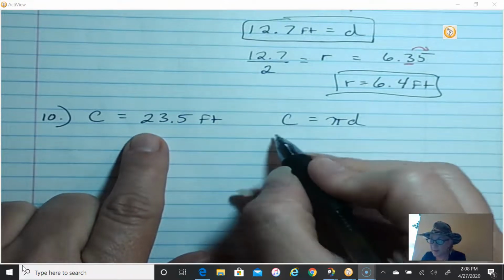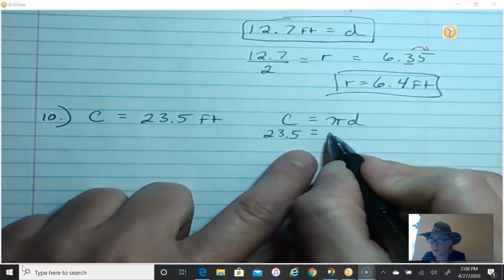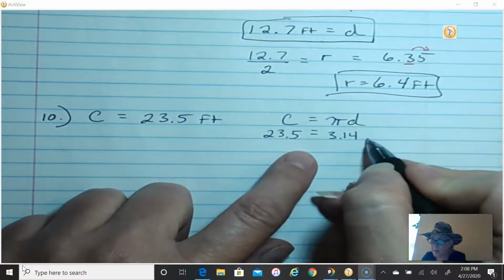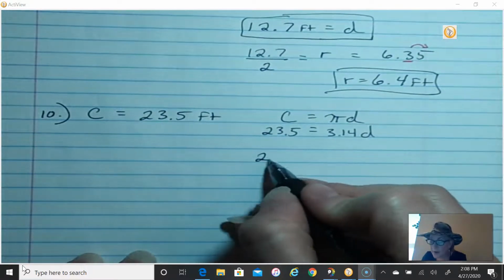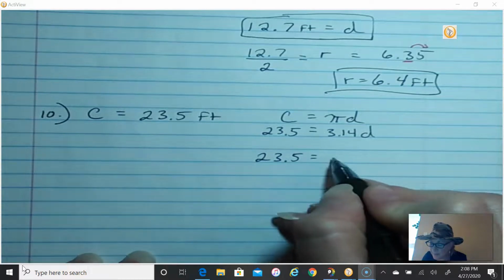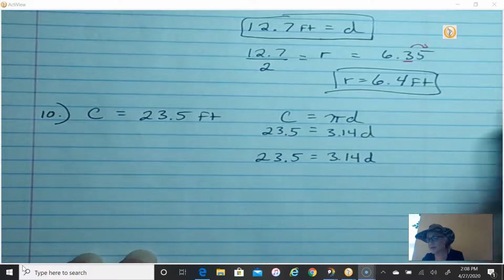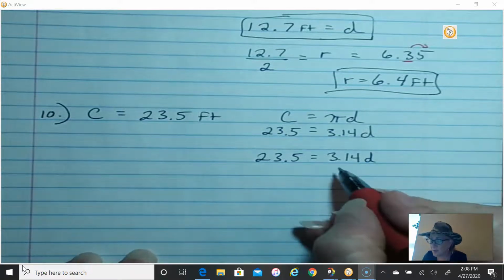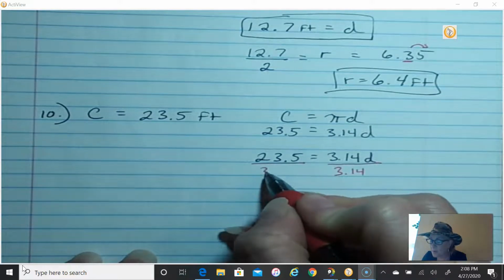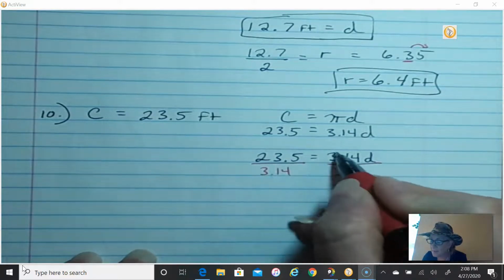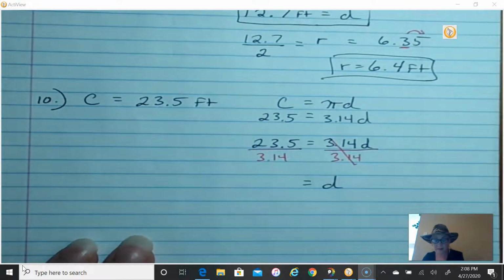We know what that is. 23.5 equals, we know what pi is, 3.14 D. We got to find D. So I'm rewriting it just for space. Okay, since these two are multiplying, we have to isolate the variable by doing the opposite. And so I'm going to divide both sides by pi. And I'm left with my diameter.